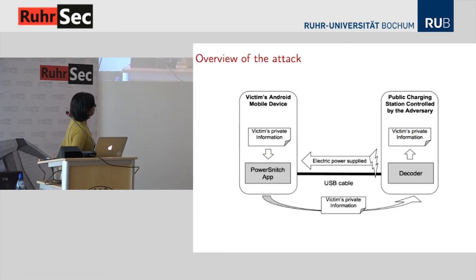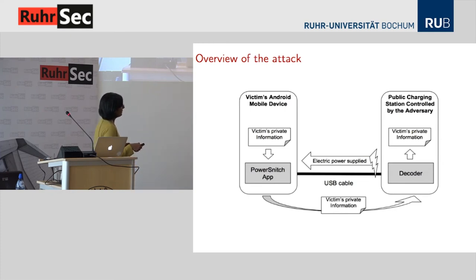So here's an overview of the attack. On the left side, you have the victim's phone. On the right side, you have the decoder, which is where the public charging station is. Essentially, you have the victim's private information, which is being encoded by the PowerSnitch app. The phone is already connected to the charging station via USB cable, and it's being charged in the background.